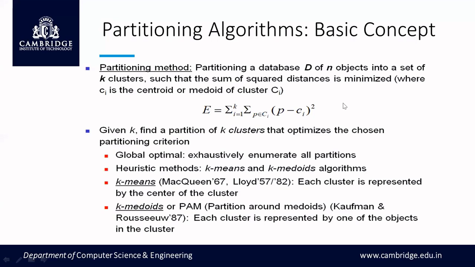I will find the mean square error with respect to C1 for point P, and with respect to C2 for point P. Whichever is the minimum value, I will assign that particular point P to either C1 or C2. Once we take up an example, you will understand it in a better manner.